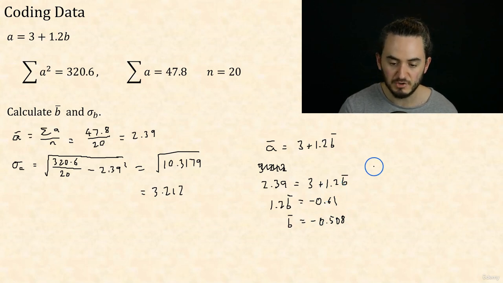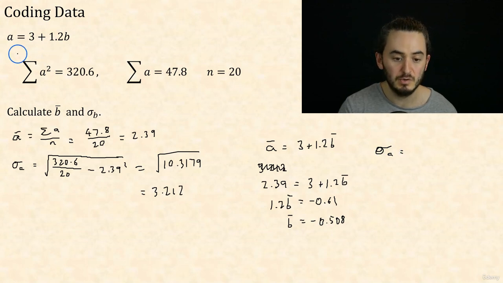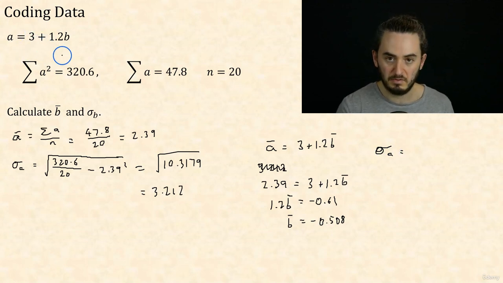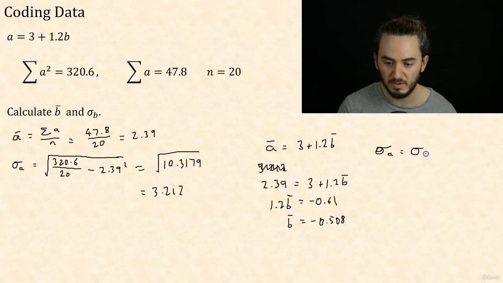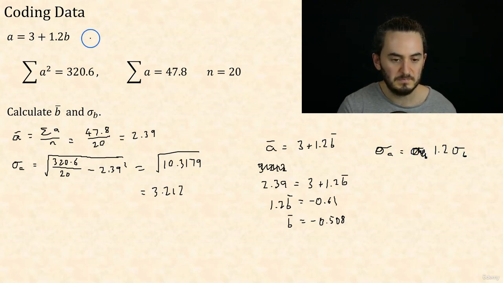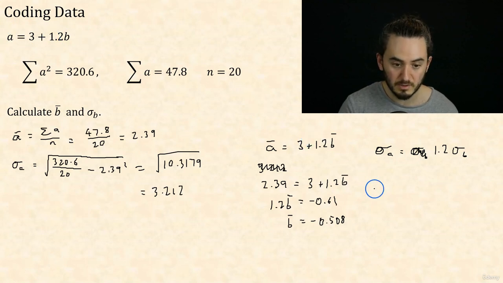And for the standard deviation, we use the fact that they are related by sigma A, and we just ignore the 3. Adding 3 on doesn't affect the spread of data at all. So sigma A is 1.2 times sigma B. We already know what sigma A is because we worked it out on the left-hand side.